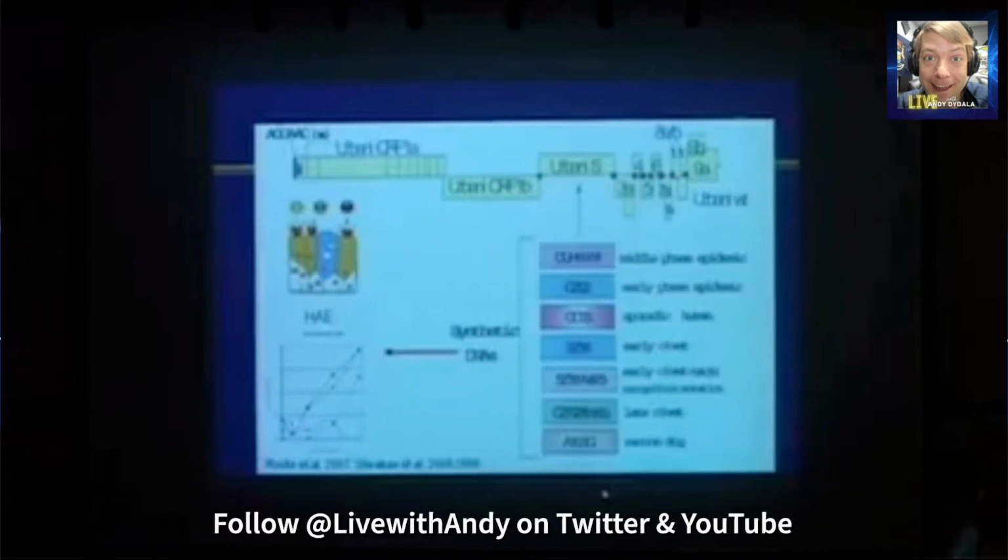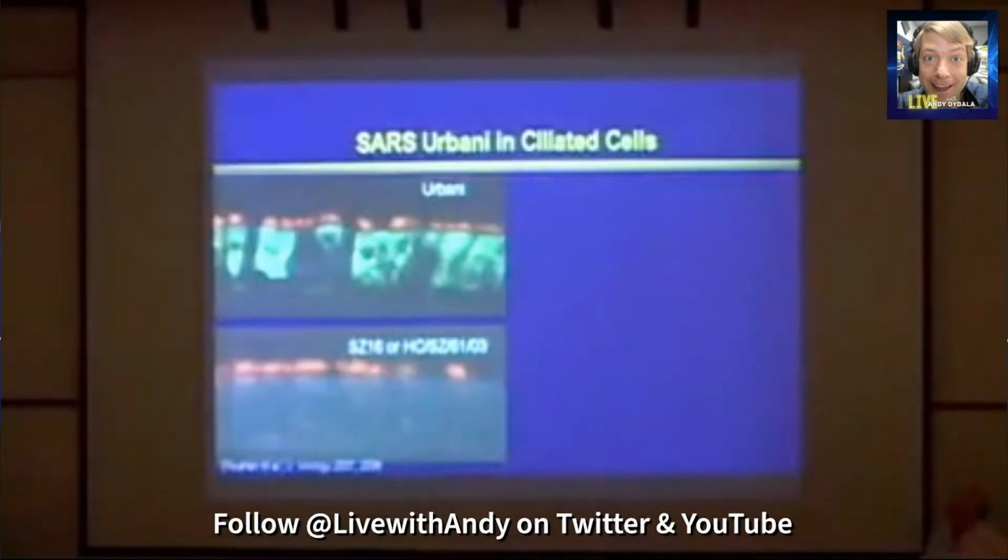The animal strains, however, do not. And this is just some fluorescent microscope images showing the cilia of the ciliated cells with expression of the SARS nucleocapsid protein from an epidemic strain on the ciliated cells, and the zoonotic strains, SC16 and the HCSC6103, can't replicate.